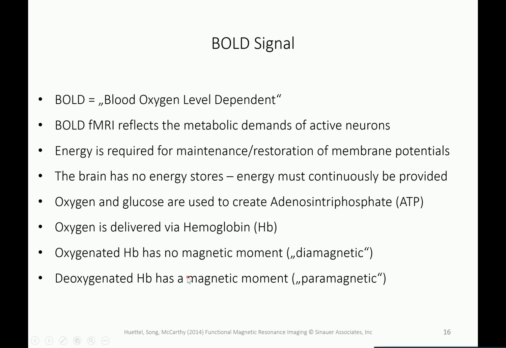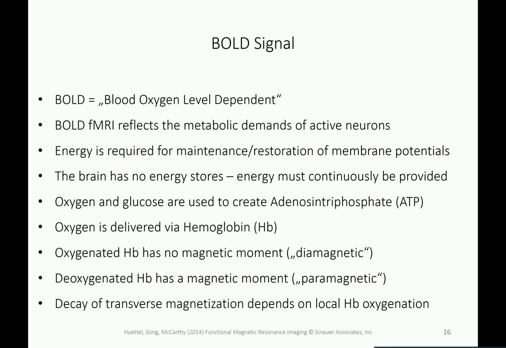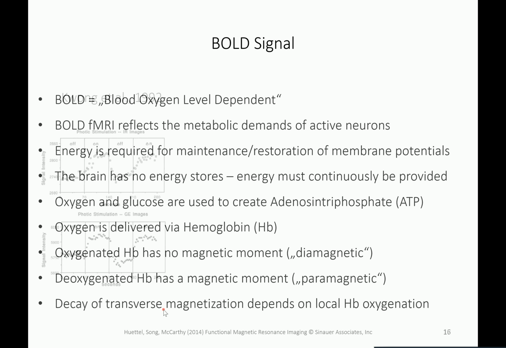And these distortions or non-distortions by oxygenated or deoxygenated hemoglobin of the magnetic field, this is something that can be detected by means of MRI. And here it already uses a term that we haven't talked about, so it's actually a decay of the transverse magnetization that depends on the local hemoglobin oxygenation.